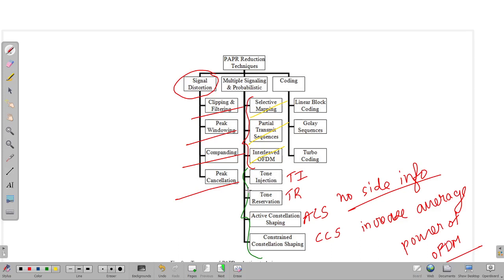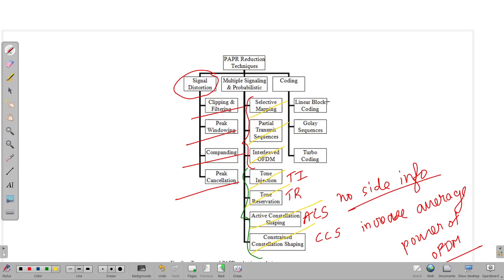constellation itself, such as tone injection, where a particular frequency is given more power, tone reservation, where some of the subcarriers are reserved for PAPR reduction, active constellation shaping, and constrained constellation shaping, where we are changing the constellation.